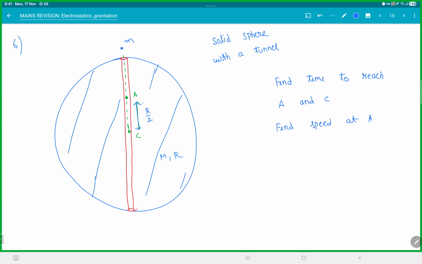A particle is released from rest here at the surface. Find the time taken to go from A to C. C is the center. A is a point at a distance of r by 2. And find the speed at point A. I am not asking you time taken to reach the center. I'm asking you time taken to go from A to C when you release from the surface.